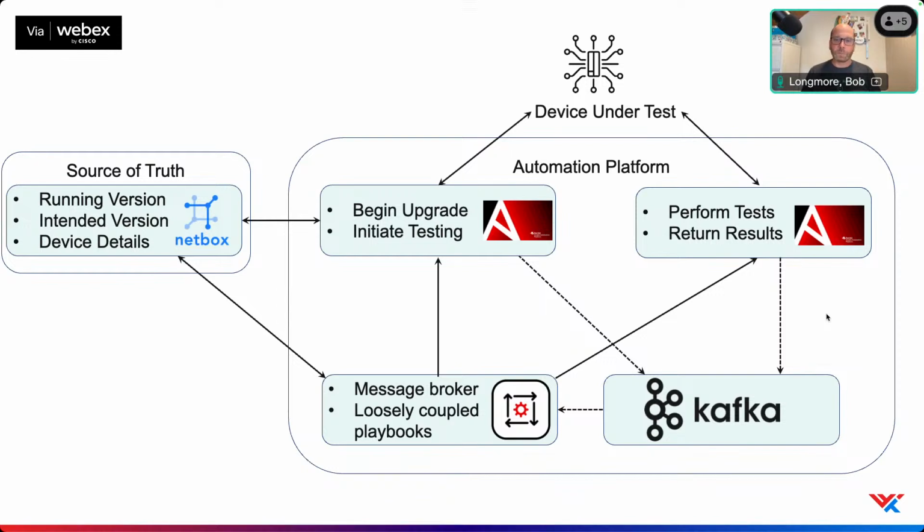As we go through this, we are going to do those pre and post tests through Ansible Automation Platform. The results of those tests will be sent to a Kafka broker where EDA is listening, and EDA can take action based on the information that it's received in those tests.